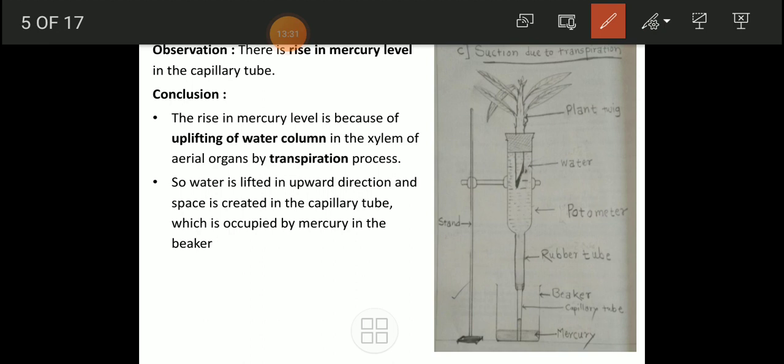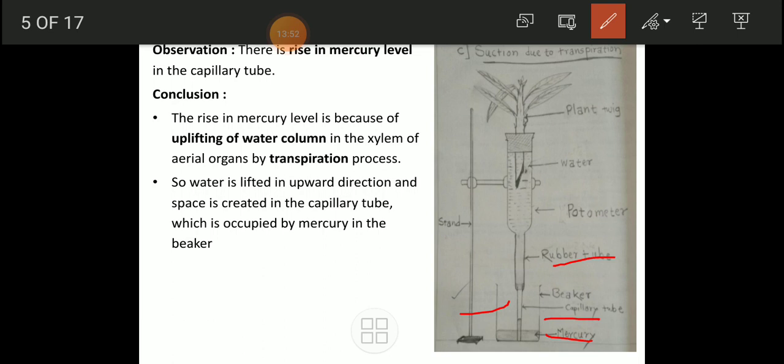Here, as we have seen, which things are required? First of all, we should have a beaker. Then we should have mercury. Then we should have a rubber tube. At the lower end of the rubber tube, there is a capillary.